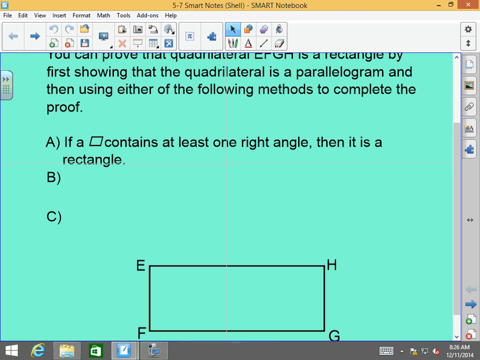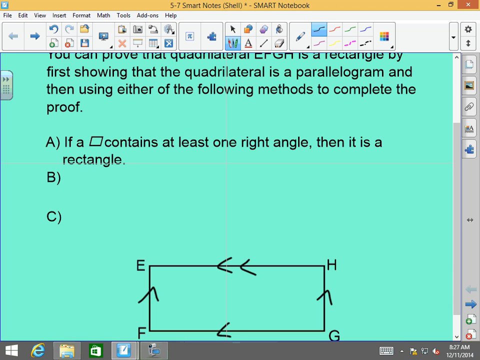We learned yesterday that if they give you a figure and they tell you any of the 5 following things: opposite sides are parallel, opposite sides are congruent, the diagonals bisect each other, that's a parallelogram.